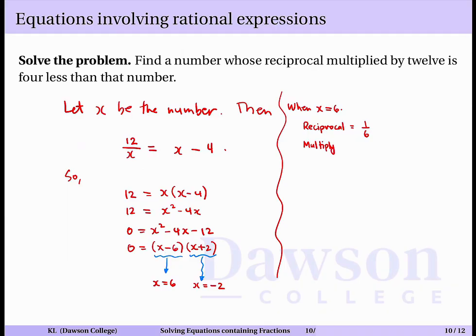Multiply by 12, we will have 12 times 1 over 6. This is equal to 2. And then for the other side, 4 less than 6, so this is 6 minus 4. This is equal to 2. So we have the equality.